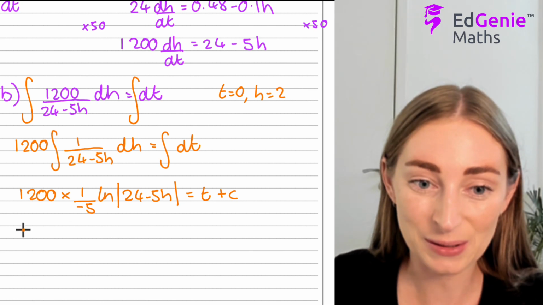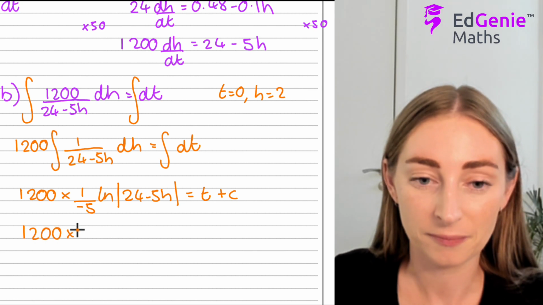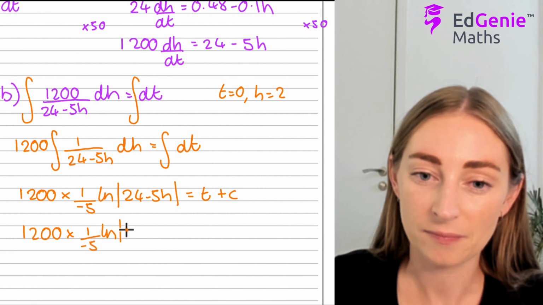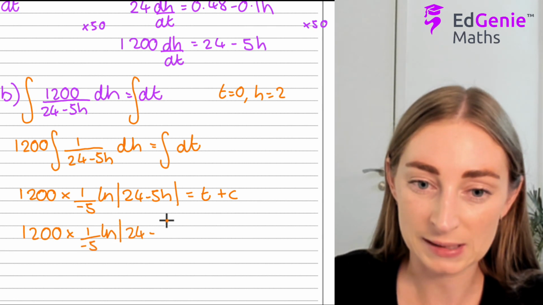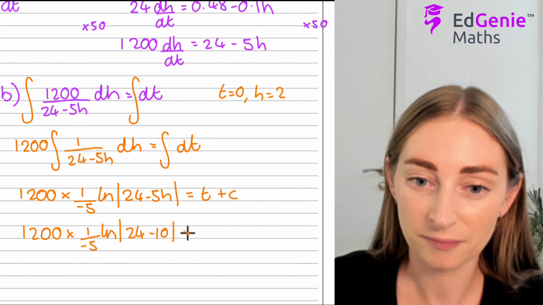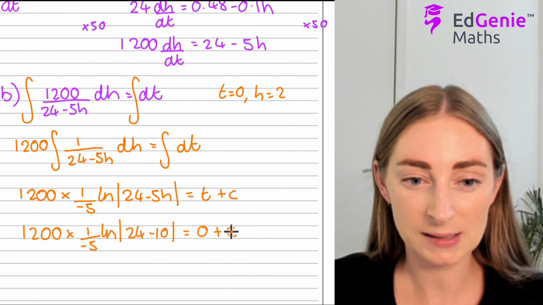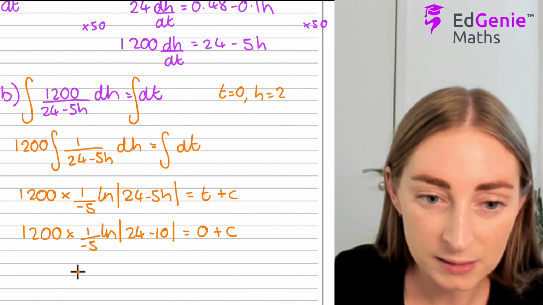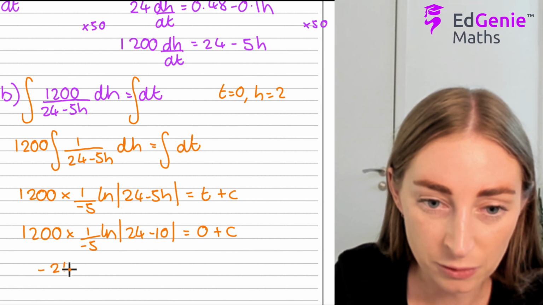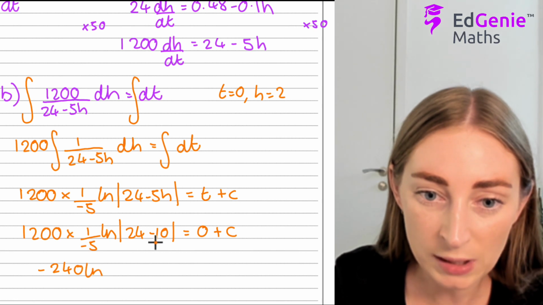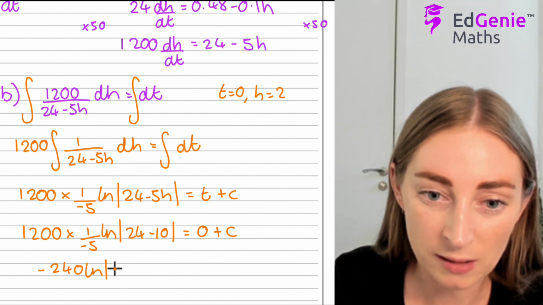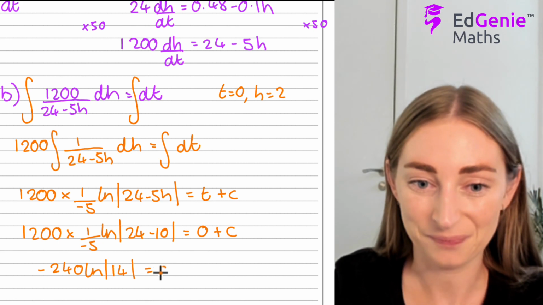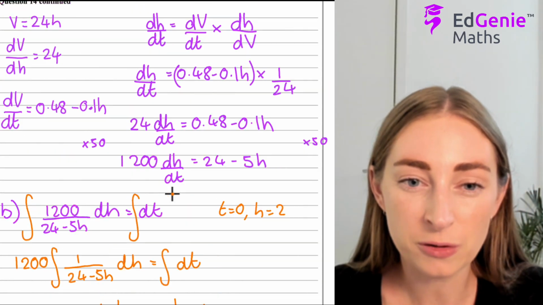So let's substitute in those values. Five times 2 is 10. So let's simplify this a bit. That's going to give us minus 240 ln 24 minus 10 is 12. No, it's not, it's 14. Equals c.